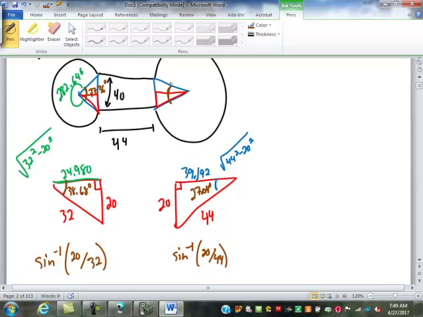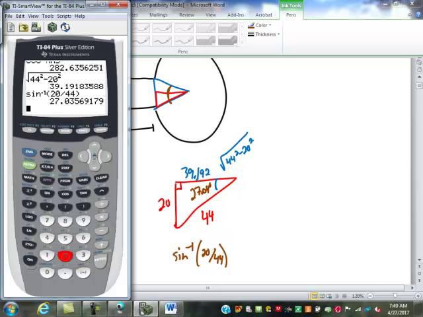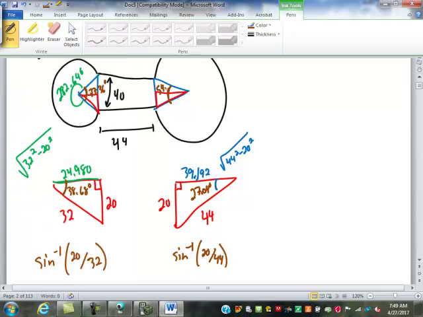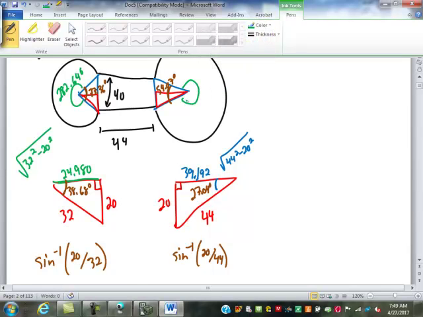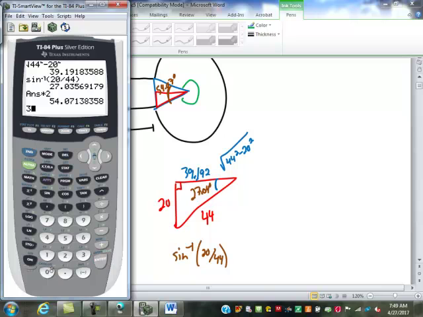Again, we're going to double it because we want this angle. Gives us 54.07. Then we're going to subtract from 360 because again, we really want that angle. 305.93.